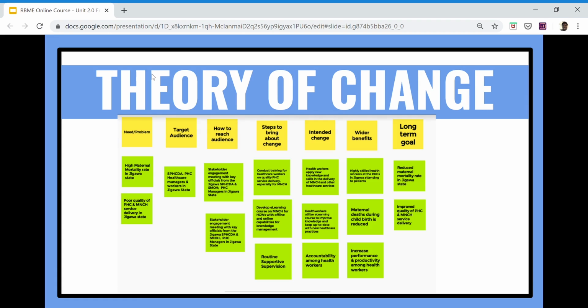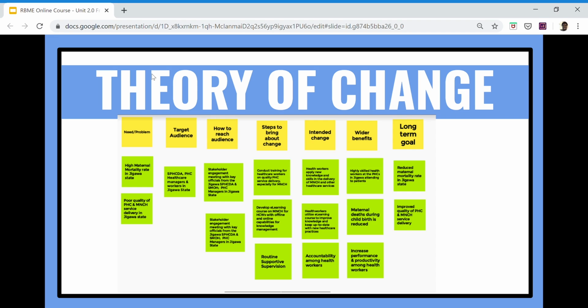Then we move to you now developing a theory of change, which is actually what you feel or think success looks like for your own projects. We say it is a theory. So it is like you starting that program. You are now saying that for me to reduce maternal mortality in this state, first, I need to identify the problems.